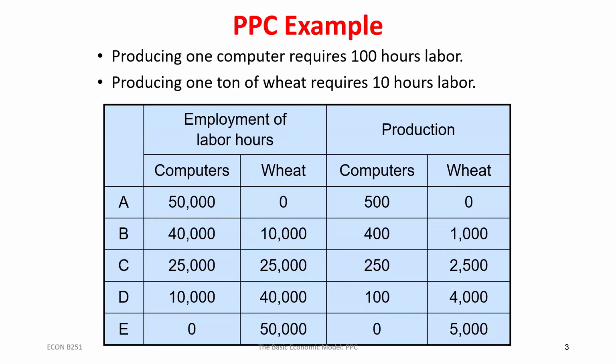If I do that, hopefully I get the same value of 1/10 for that slope, because wheat is now my x-axis good. So sure enough, if I go through and calculate my slope here, change in y over change in x, it's the change in the quantity of computers over the change in the quantity now of my x-axis good, which is wheat. I get what?